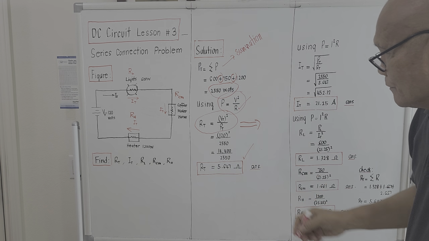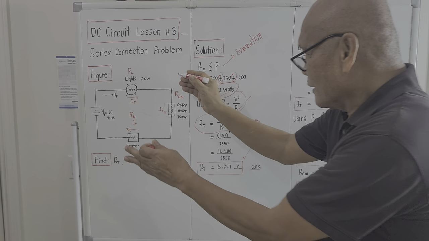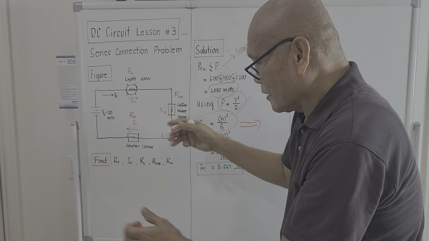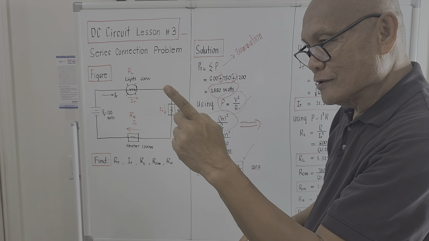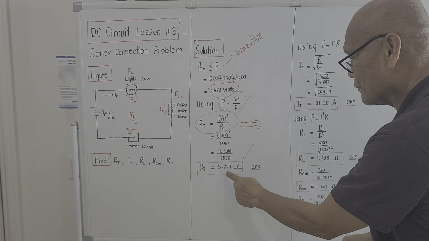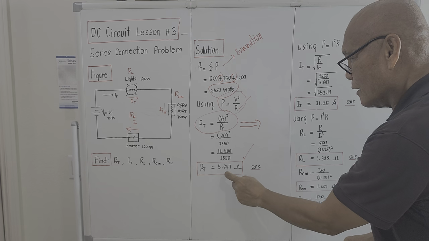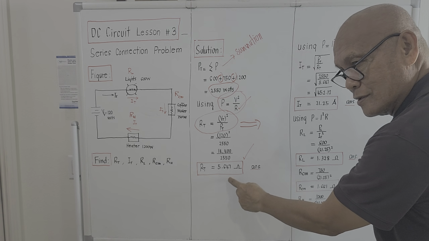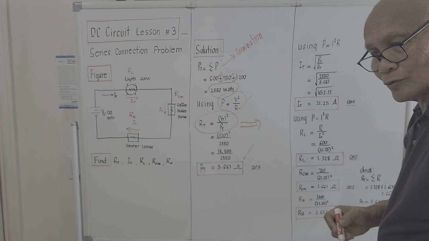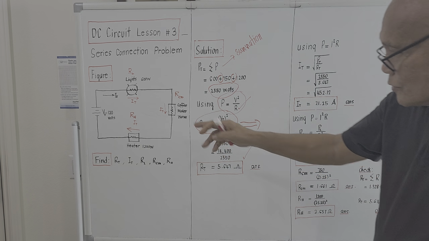Meaning, the single equivalent of these three loads, if we compress it as one single load, the total single equivalent resistance will be 5.647 ohms. This is very important because by knowing this, we could now compute the total current drawn by these three loads.